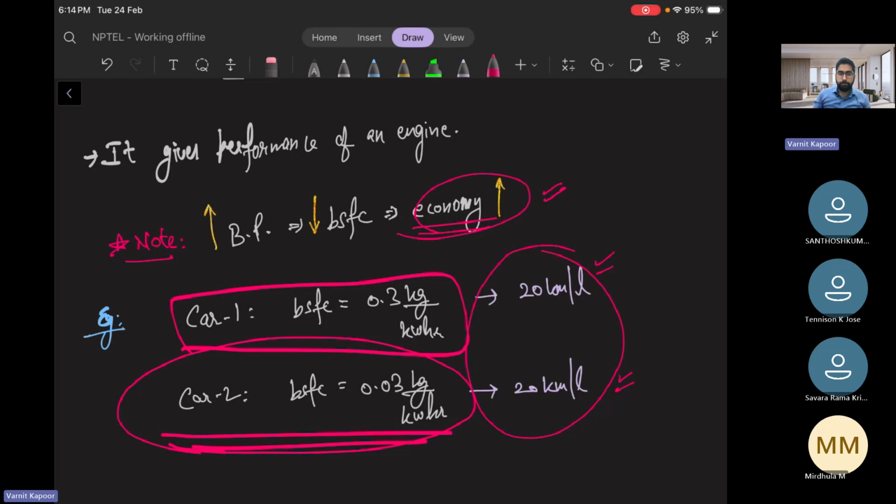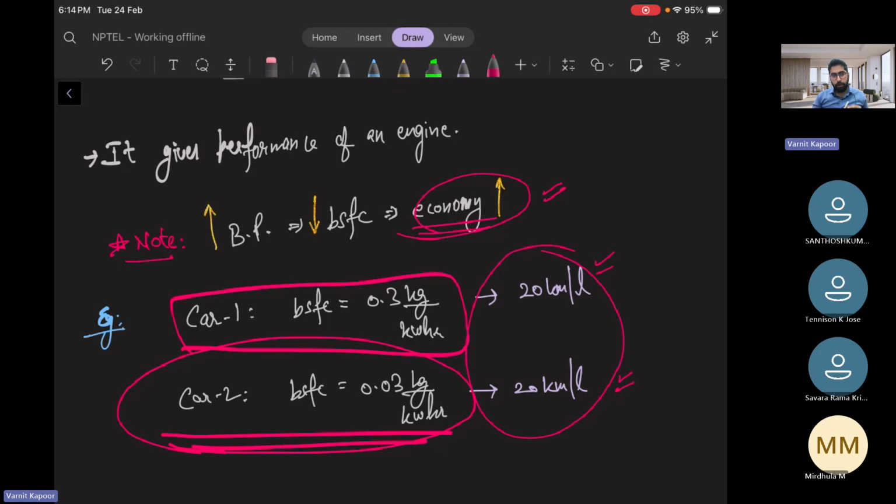Car 2 is much better, though both are producing the same average. The reason behind this is that in a car you have a lot of components which are running in the engine itself. So the engine of car 2 will be a much bigger engine compared to the engine of a smaller car, that is car 1 here.